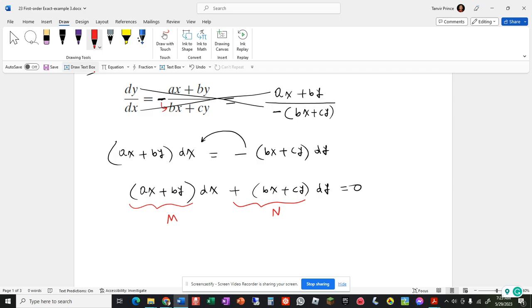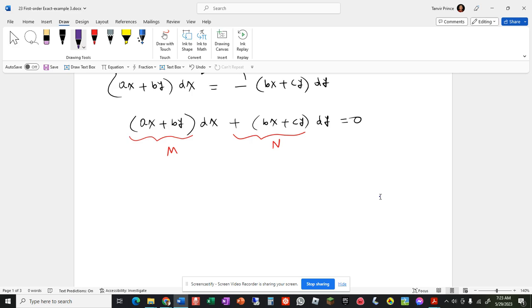If the sign on the left is positive, of course, it doesn't matter, but if negative, you have to be extra careful. So let's write down the M and N. My M is ax plus by, and N is bx plus cy.